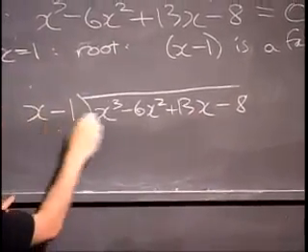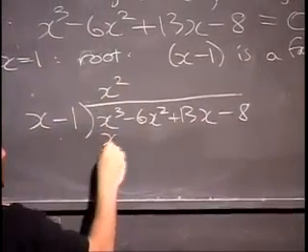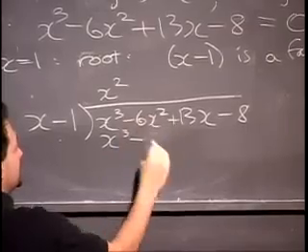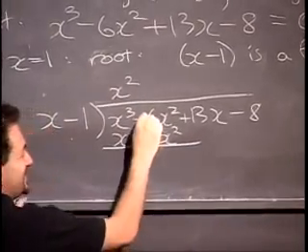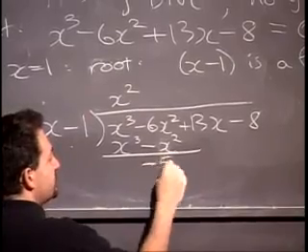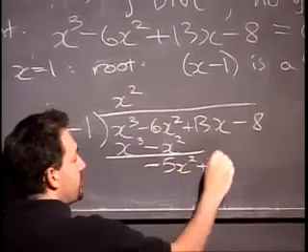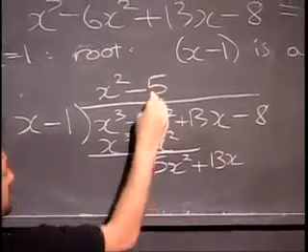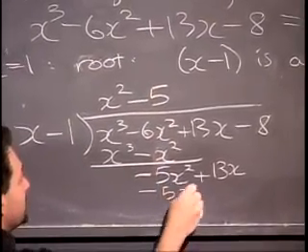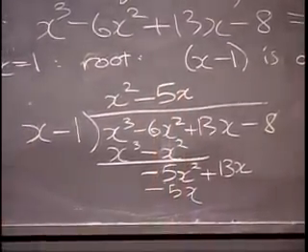division. x into x cubed is x squared. So you get x cubed minus x squared when you multiply through. And you're left with this minus this, which is negative 5x squared. Carry the 13x, and you'll get a minus 5. So I have minus 5x rather.